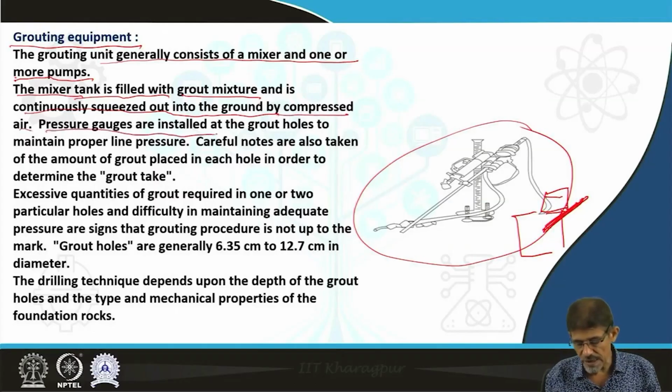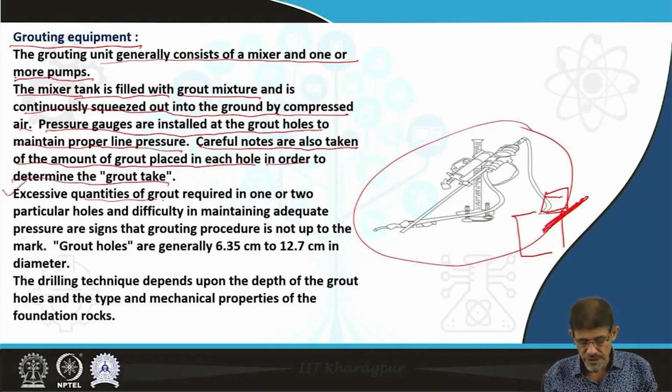Pressure gauges are installed at the grout holes to maintain proper line pressure, and careful note is taken of the amount of grout placed in each hole in order to determine the grout intake.